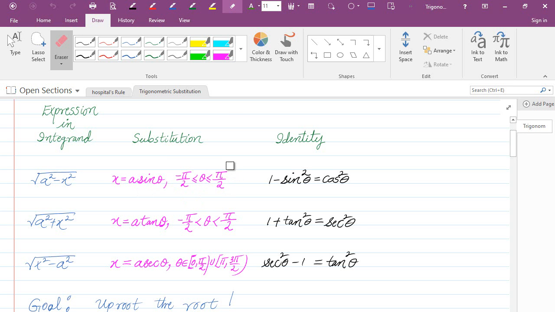And the reason we make this restriction on the domain of sine is so that we can use the inverse of the sine function.